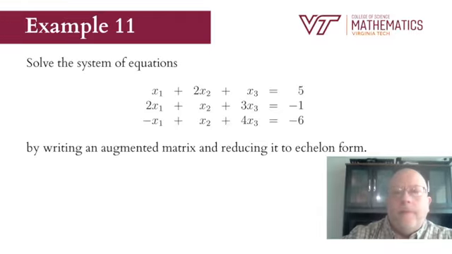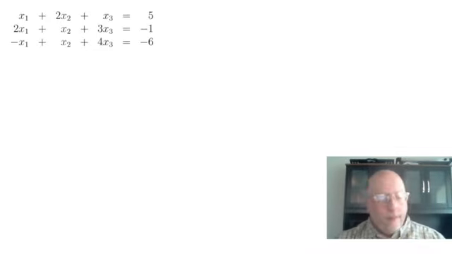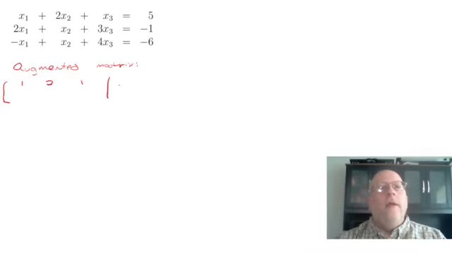Here's our system of equations. We're going to write an augmented matrix here. So the top row is going to be 1, 2, 1, and then 5 is the constant term.